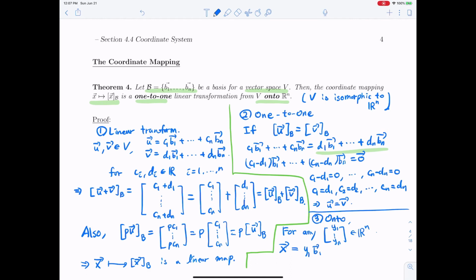So it is given by y1 b1 plus so on plus yn bn. And this is the element in V such that the B coordinate of x equals y1 through yn. So this tells you that the given coordinate map is onto. And in conclusion, that gives you a 1-to-1 and onto map from V to Rn.